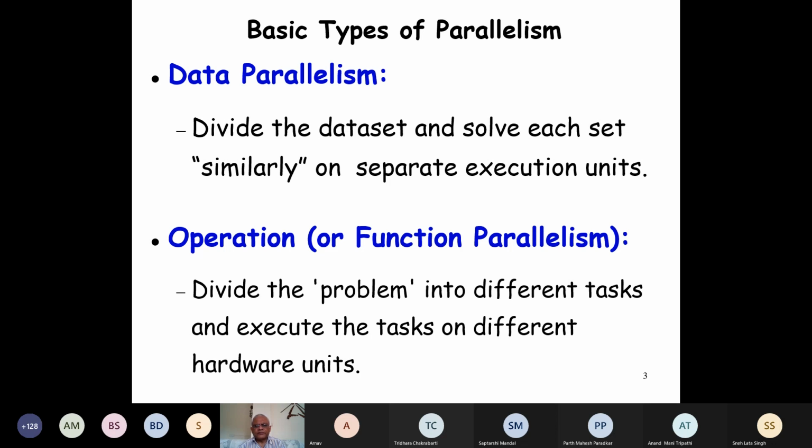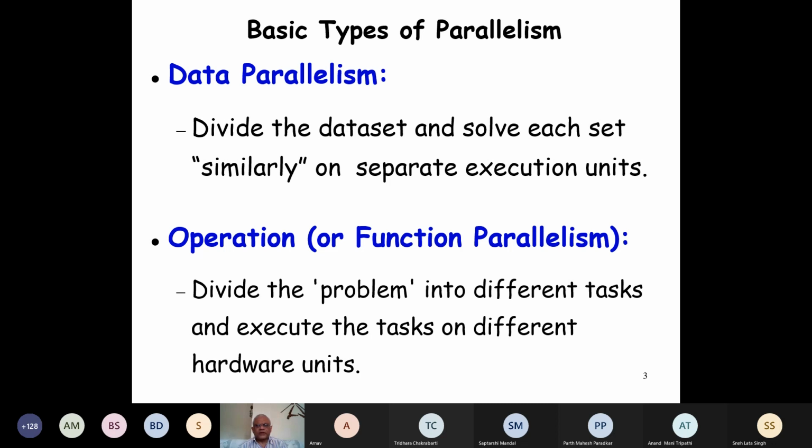One simple example of operation parallel is when the basic instructions execute parallelly. We can also have threads. In your operating system part of the course, you might come across threads and processes. So the threads and processes may run concurrently on different processors. So these are the operation parallel or the function parallel.